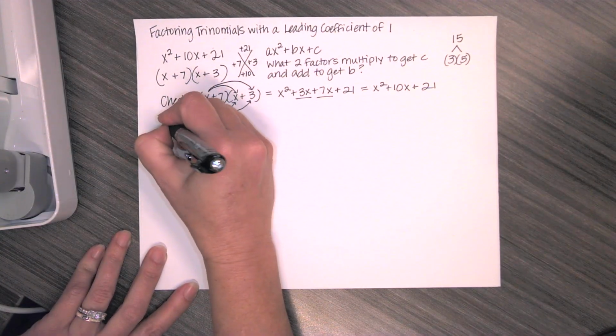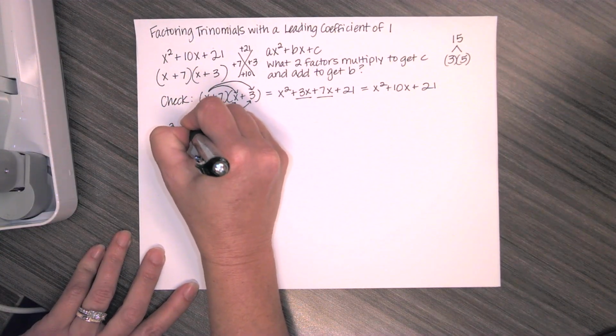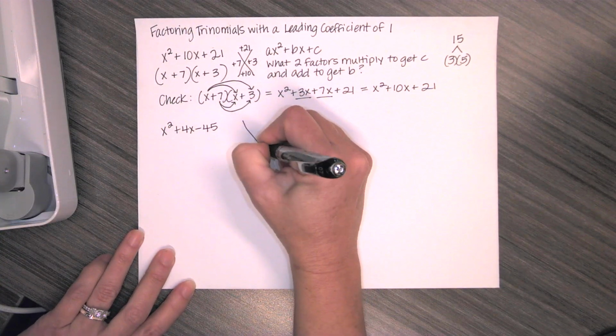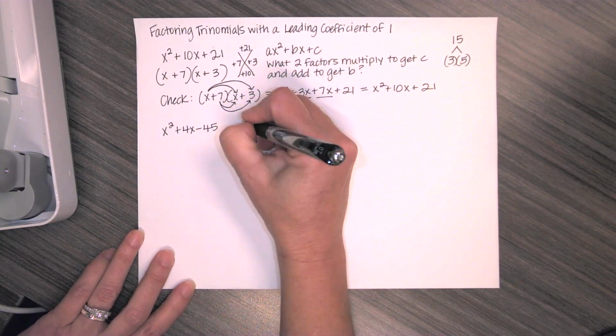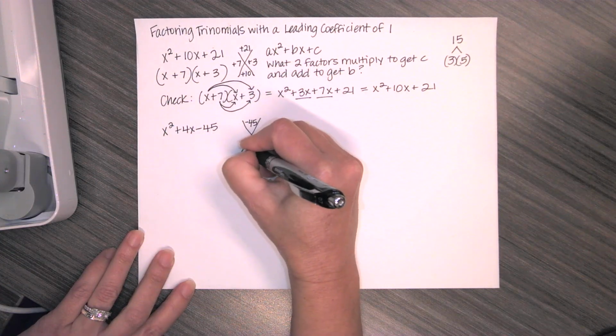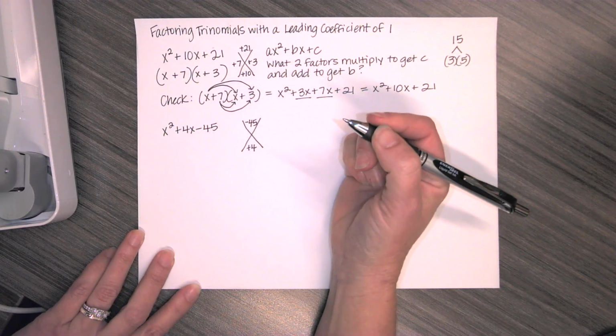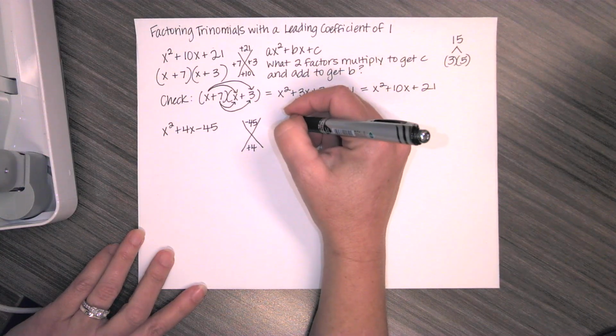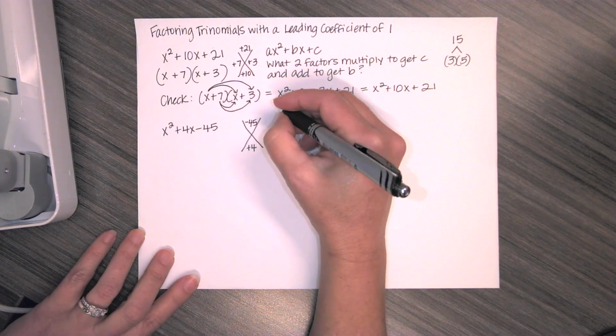If we have x squared plus 4x minus 45, then we are looking for two numbers that multiply to get negative 45 and add to get positive 4. So you might have to start making a list or a mental list of factors of 45.